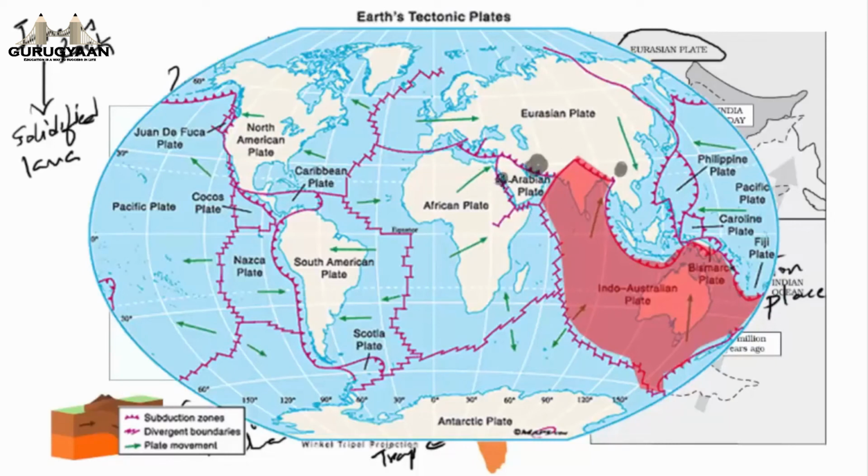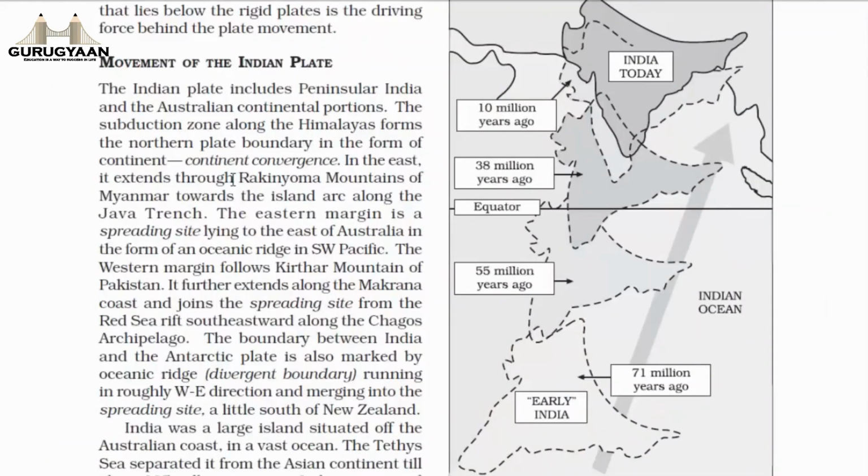And then if you go to the southern part, the Antarctica plate. So you can see the oceanic ridge, which is a divergent boundary. It is connected to the Indian plate. So it's kind of a nice mapping system when you look at these plates, how they are well connected with each other. So anyways, that was all about the movement of the Indian plate.